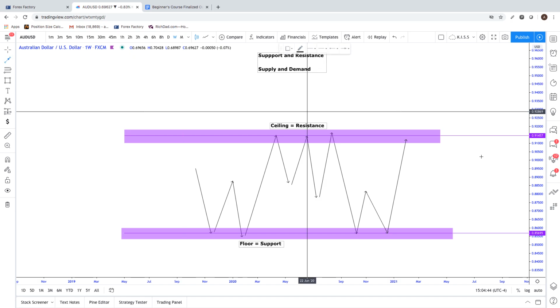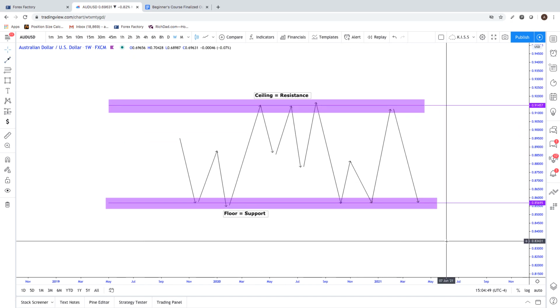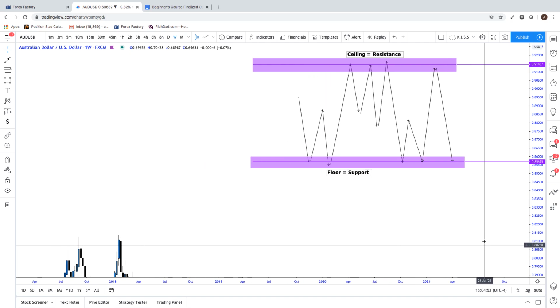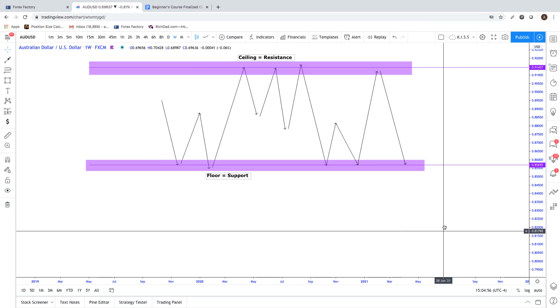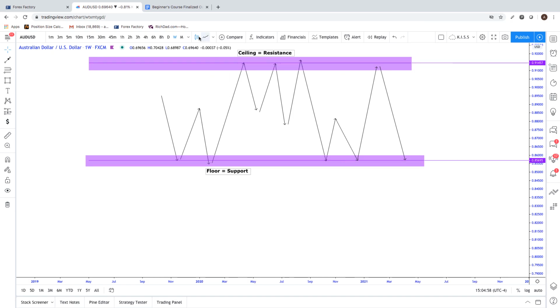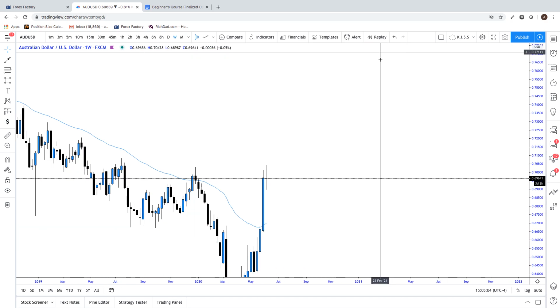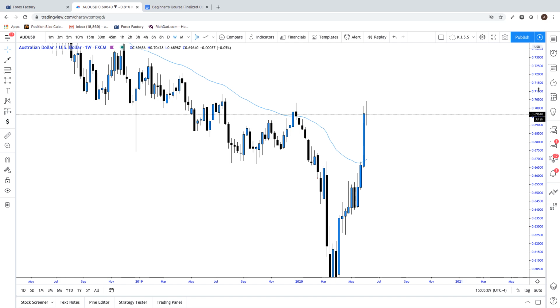Now what I do want to talk about is higher time frame support and resistance, higher time frame key levels of support and resistance. I'm talking about the monthly and weekly time frame. So we're going to drop down into the Australian dollar paired with the US dollar.